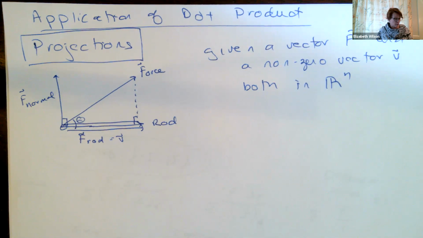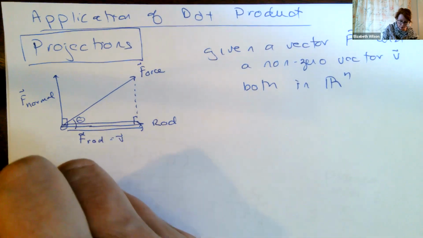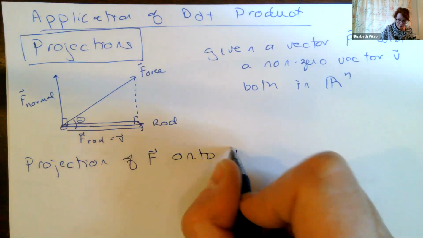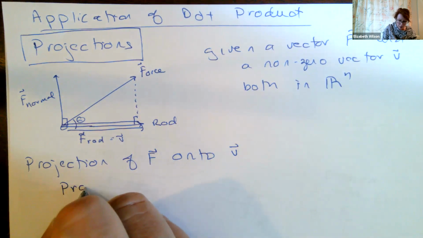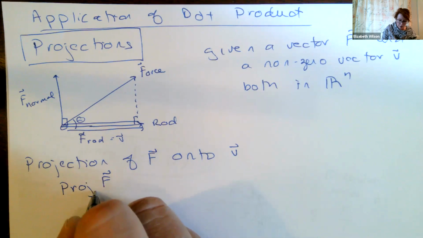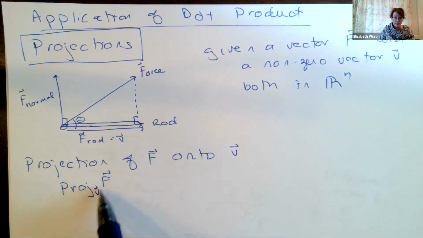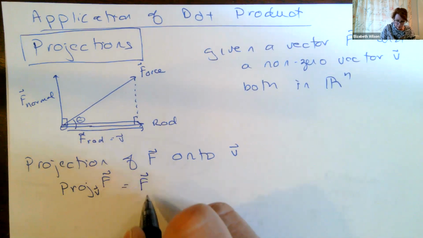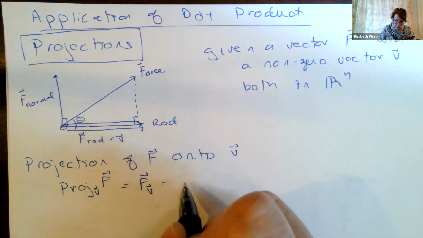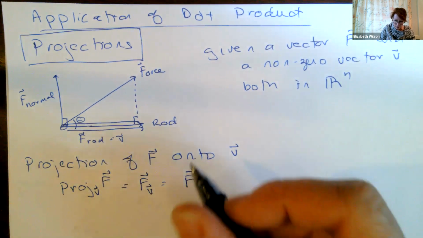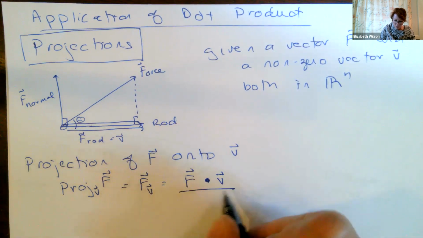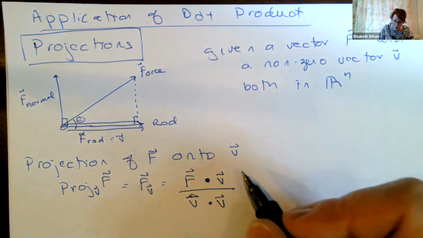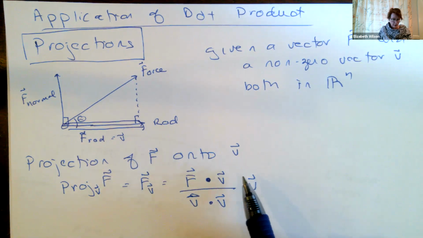So I can say the projection of F onto V, which we write like this, projection of F onto V. So V is like a subscript. I'm projecting F onto V, proj, projection is going to equal F, which I'm projecting onto, dot product with V all over V dot V. Remember, this is the magnitude squared of V, times V. Okay, so this right here, let's break this down.